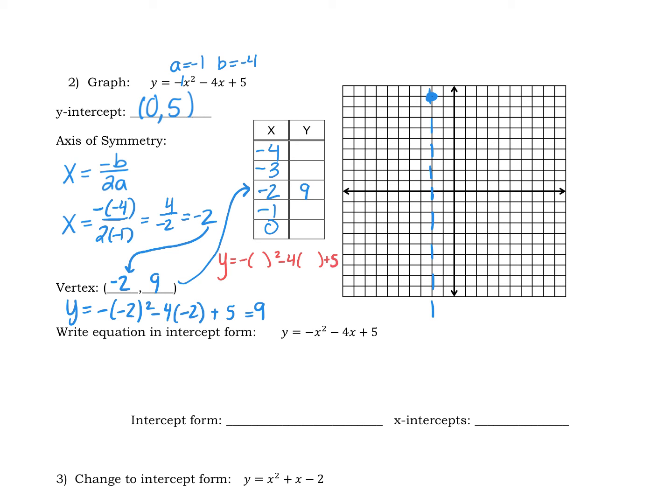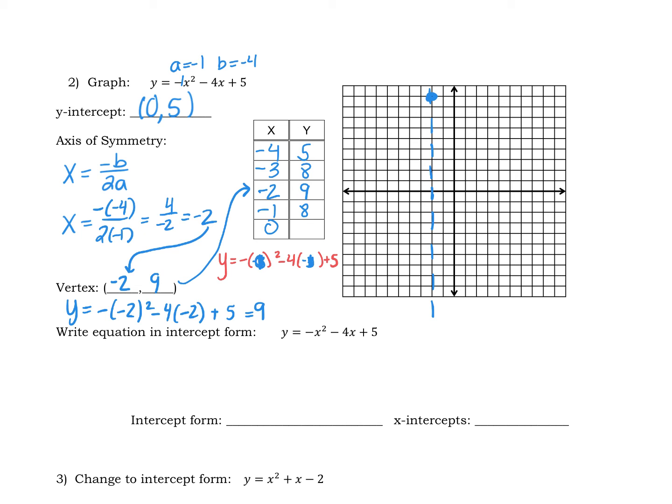to find the y's. So first I'm going to plug in -4, and I will get 5. Then I'm going to plug in -3, and I would get 8. Then I'm going to plug in -1, and I'm going to get 8.